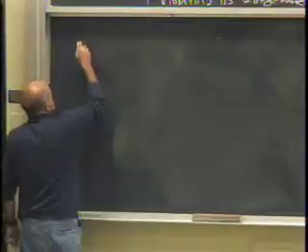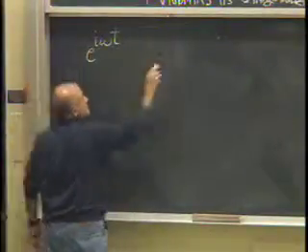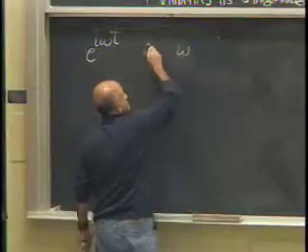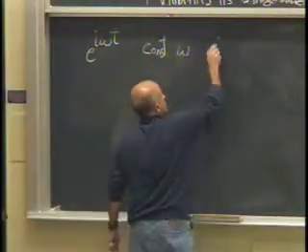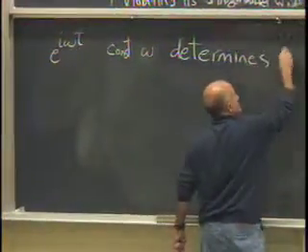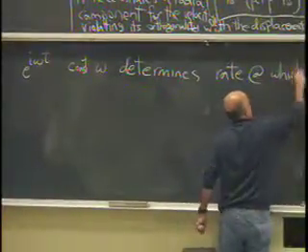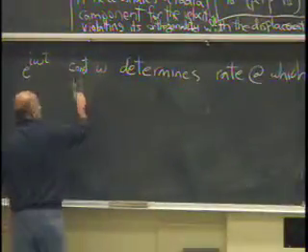Okay, so with e to the i omega t, the constant omega determines the rate at which the particle traverses the unit circle.